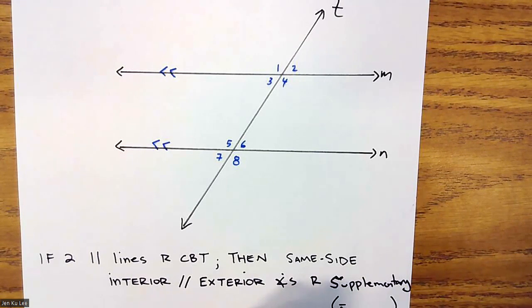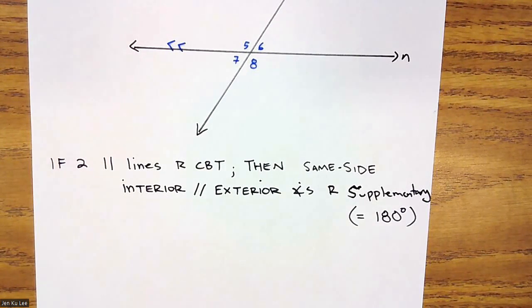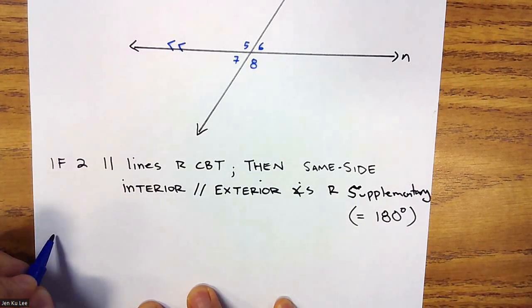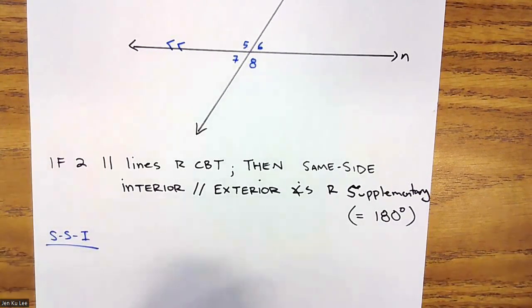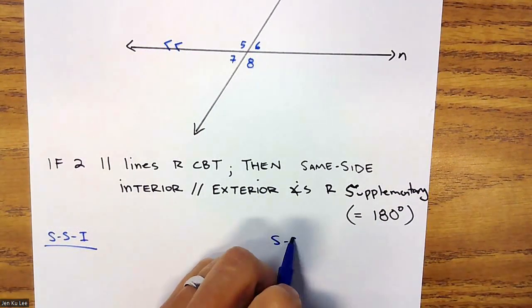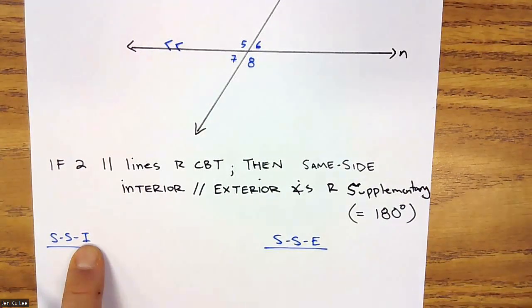Supplementary just means that they equal 180 degrees. Okay, so that's the rule. All right, same side interior or same side exterior angles are supplementary.